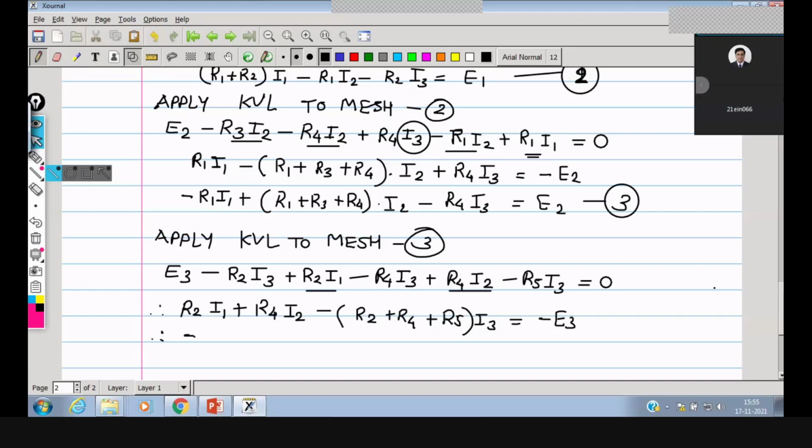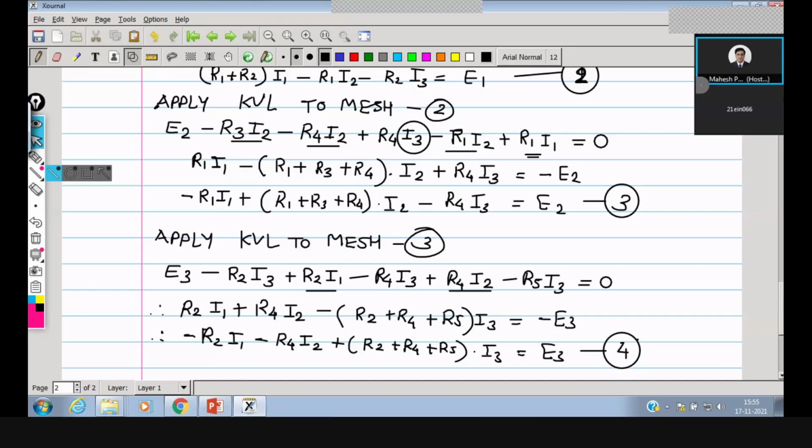So here we will write minus R2 I1 minus R4 I2 plus R2 plus R4 plus R5 multiplying with I3 is equal to E3. So here we received 3 different equations, equation number 2, 3 and 4.